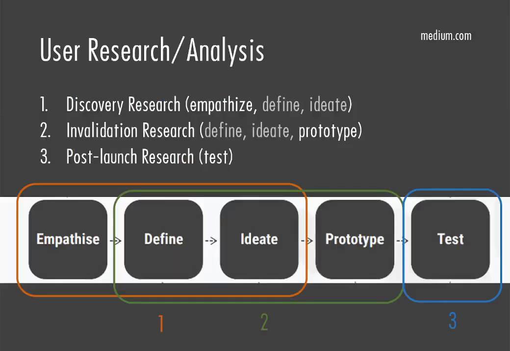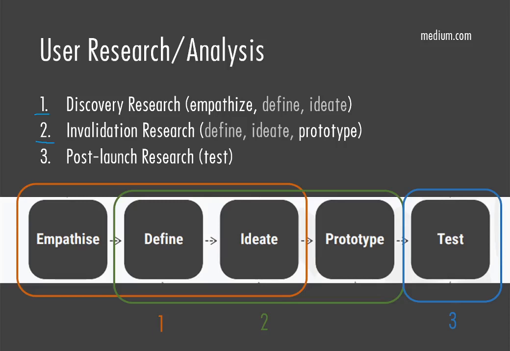Now, user research analysis. Let's organize what we have just talked about in the previous slide. There are three main steps to conduct user research. First is discovery research, by empathizing with people and doing some market research, background research. Like, will it be really successful actually?